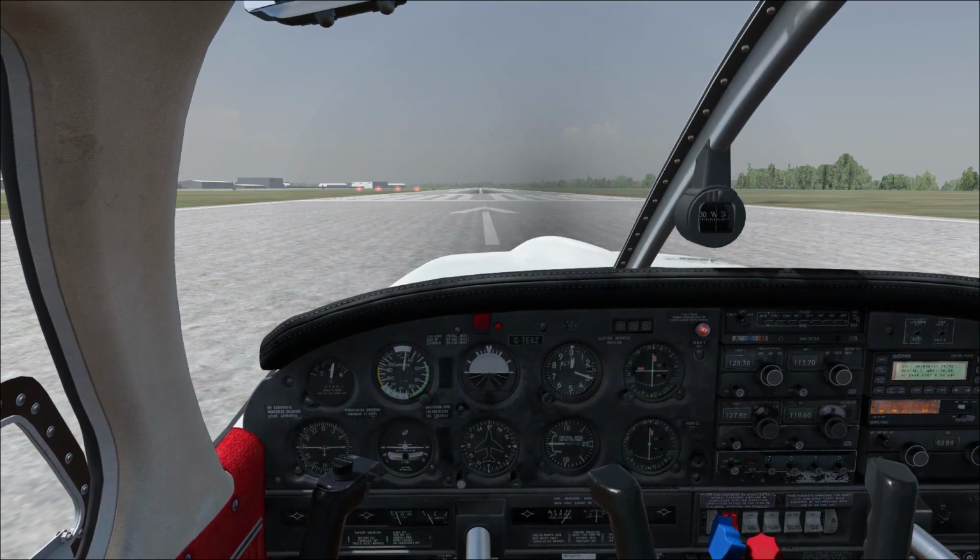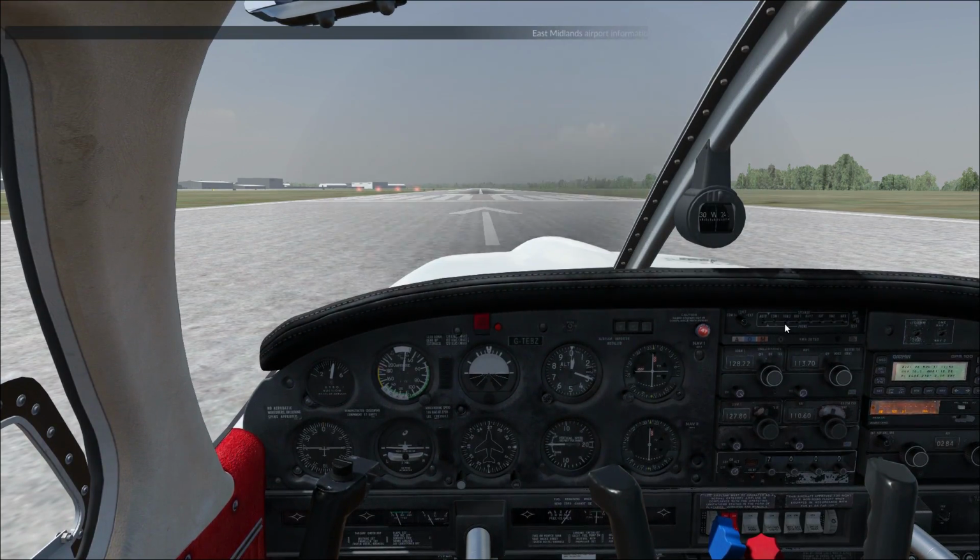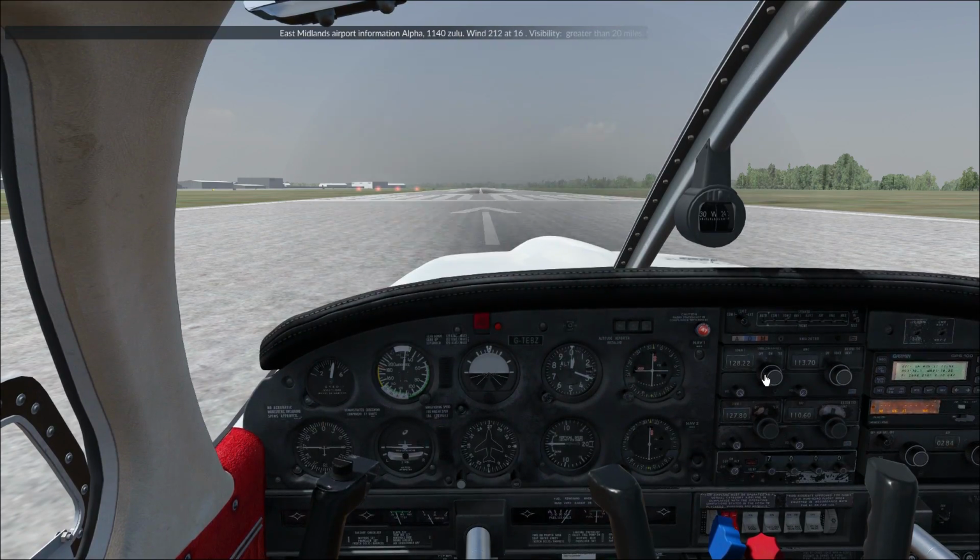I'm going to now tune ATIS, that's Air Traffic Information System, for East Midlands Airport, which is on 128.225. We are going to take only one piece of information out of it. So let's go ahead and do that. There it is. Let's bring it out on the speaker, so we can hear it. Although it's not. Hold on, I'll come back to that. But anyway, there's the information at the top, 1140 Zulu.